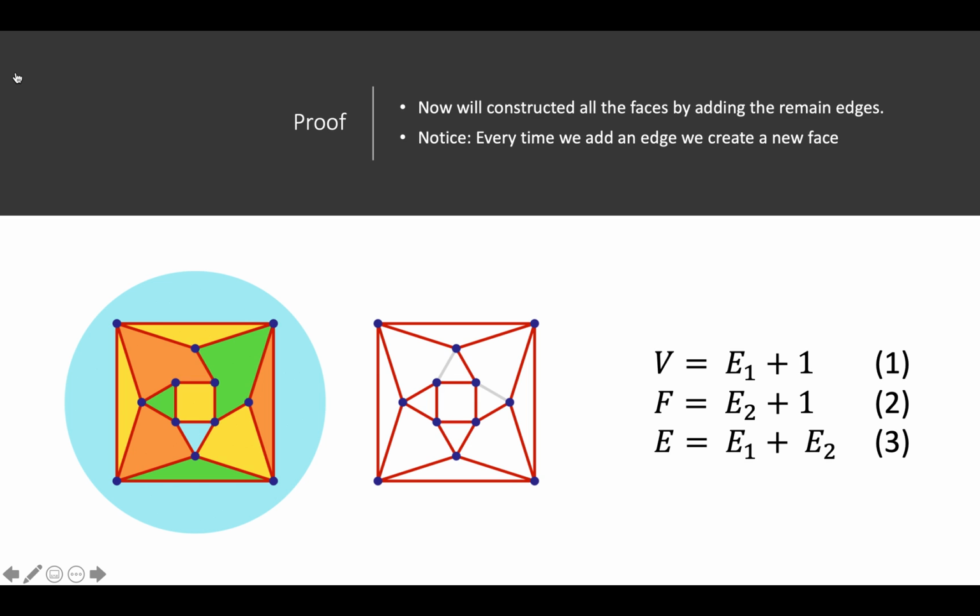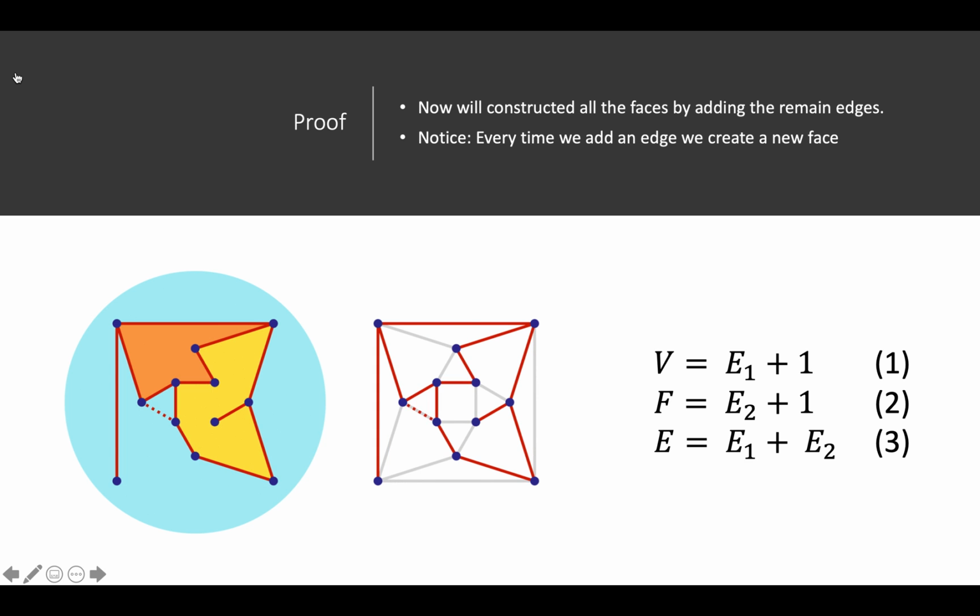So every time we add an edge, we're adding a face. But we started out the Schlegel diagram with one face, the blue face. Then we get another face, and we keep adding edges. We add up E2 edges. Every time we add an edge, we add a face. So faces equals E2 plus the initial face that we started with. So this is equation 2.